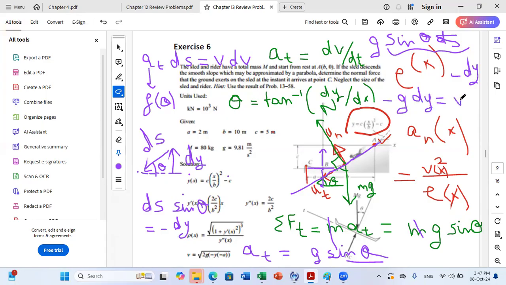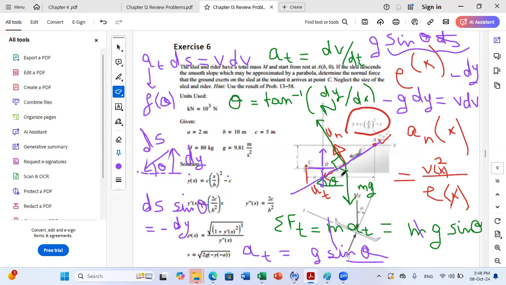But where did the minus in minus g dy come from? I just replaced. Didn't we say that according to this triangle, ds sine theta is minus dy? You put the minus because you took the positive axis with the motion downward, right? Exactly, because my ds here is with the positive motion. So at ds is v dv, okay?